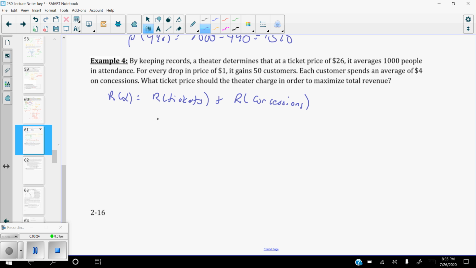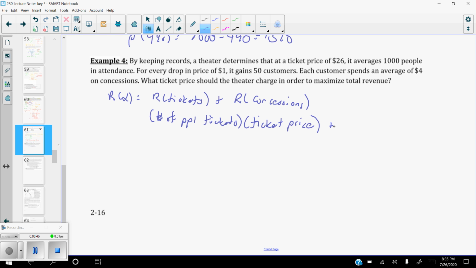So let's write this as the number of people that buy tickets times the ticket price. Okay, that's the revenue from the tickets.